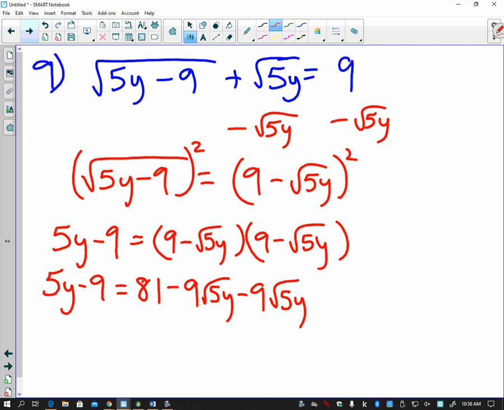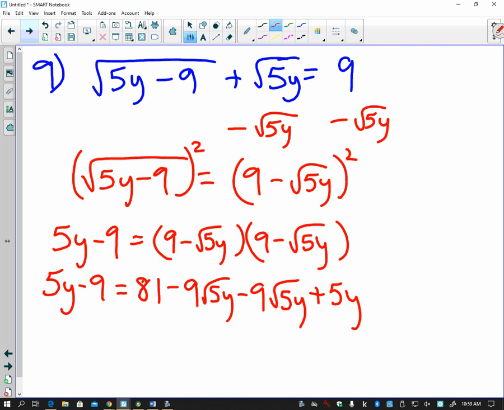And then we also have negative times negative radical 5y, which is positive 5y, right? Because anytime I take a radical times that exact same radical, I get that value outside of the radical, because really it would be positive radical 25y squared, in which case it reduces to positive 5y. Does that make sense? We're hearing this?